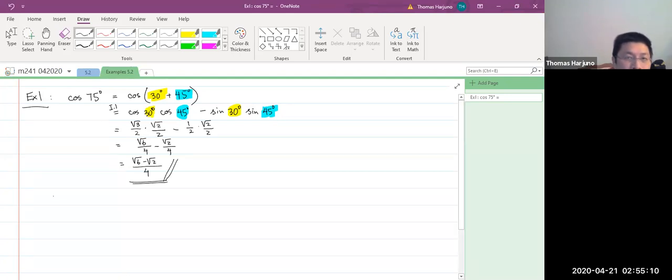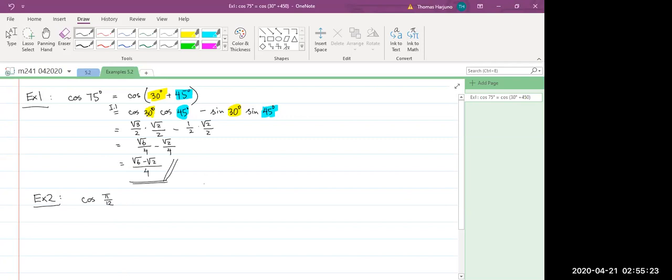Now let me ask you to try example 2. Cosine of pi over 12. Would you simplify it?